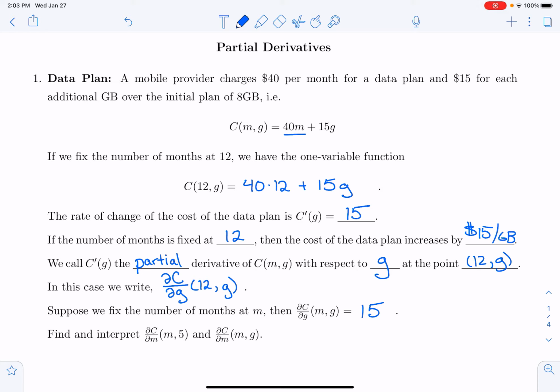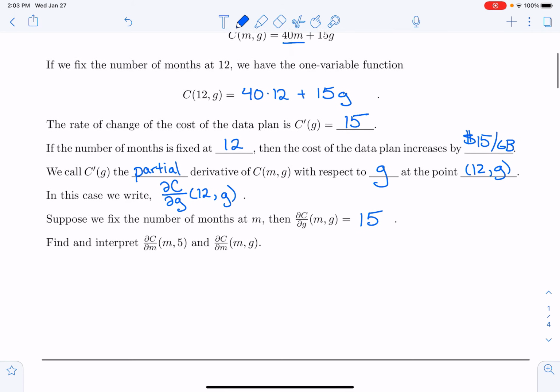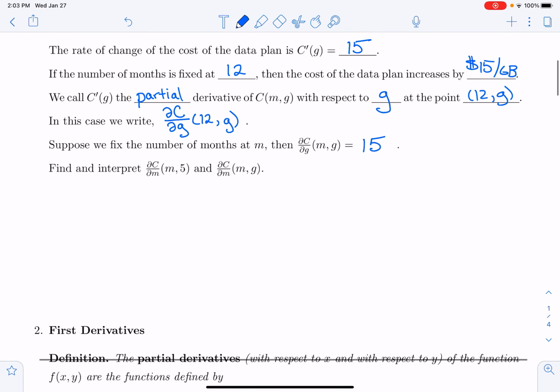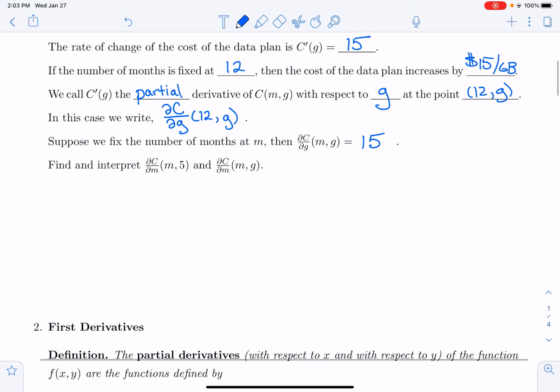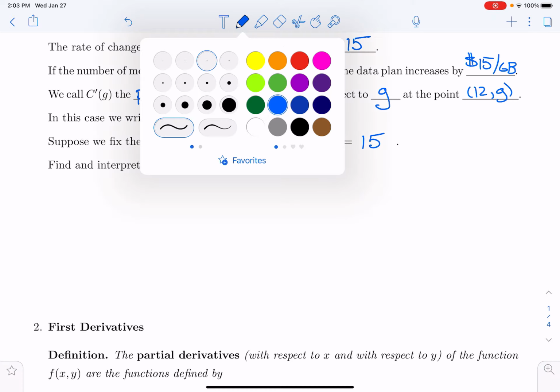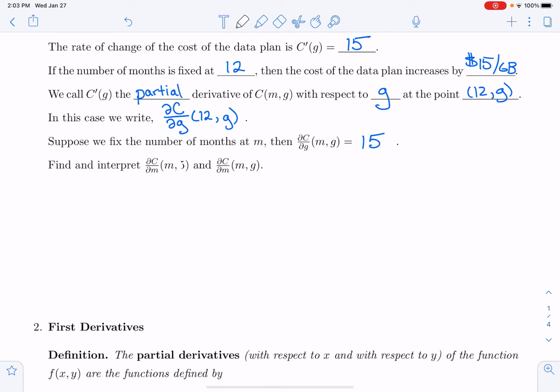Okay, but now let's look at it with respect to the other variable. What if we want to find the derivative of C with respect to M at, say, some number? That number is going to be 2.